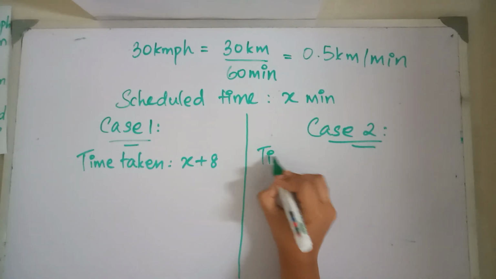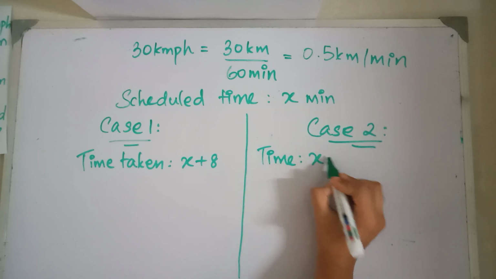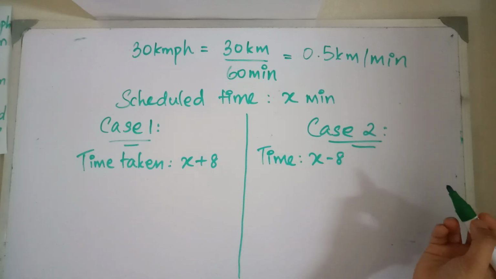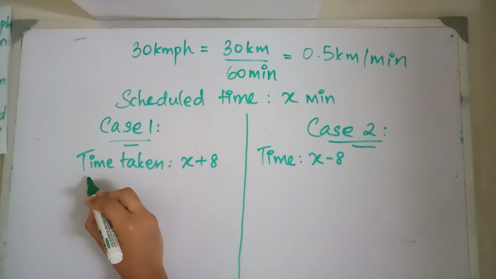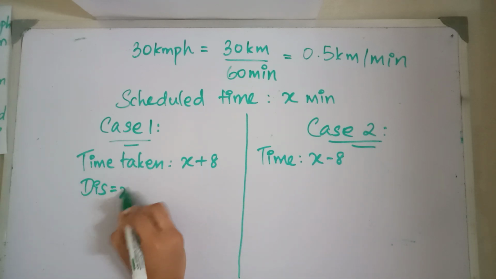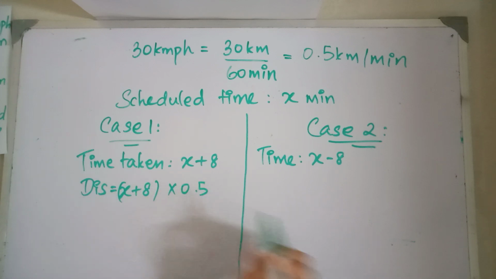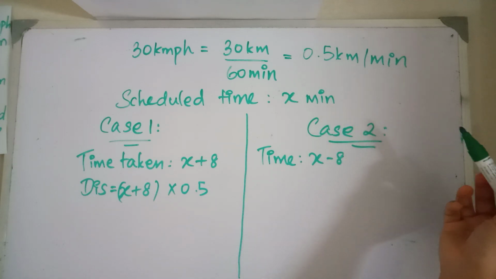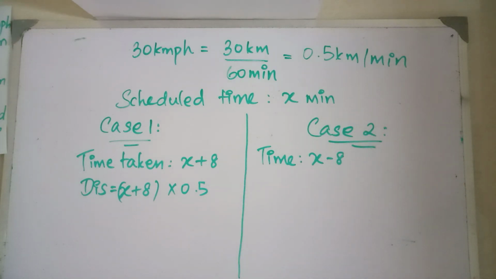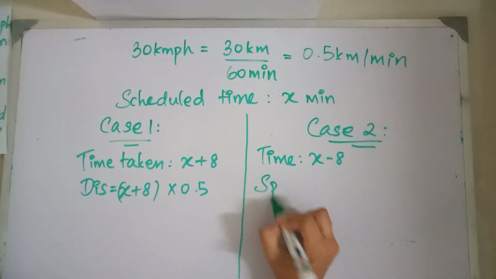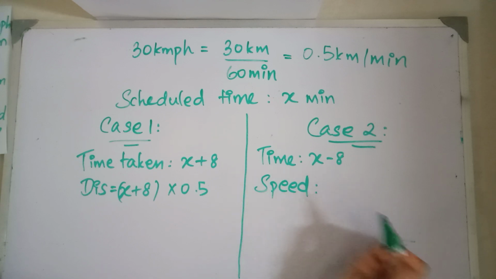Time taken for case 2 is x minus 8. The speed in case 1 is 0.5. So we can find distance, which is x plus 8 into 0.5 because she takes 0.5 kilometers per minute. And case 2, we don't know the speed yet. We only know in the form of percentage. So let's first find out the speed in case 2.